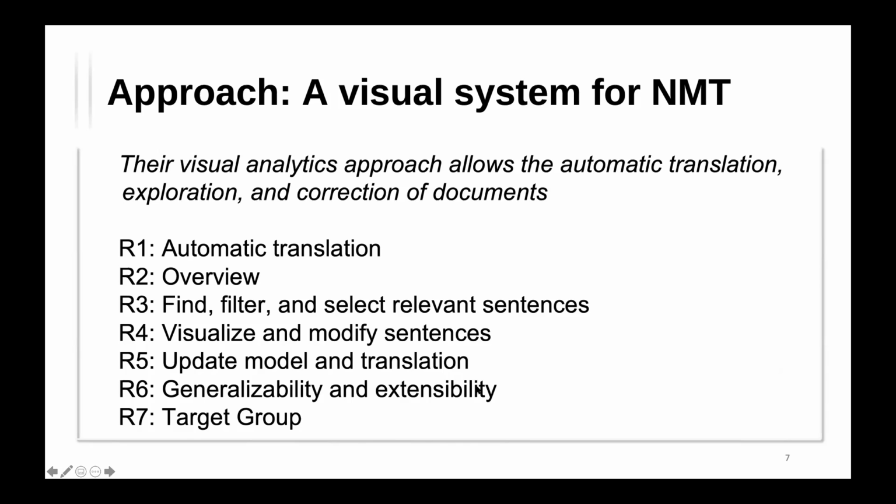So the first is called automatic translation. That means they think the visual system should clearly show the text that you want to translate, and also the translation given by your neural machine translation model.